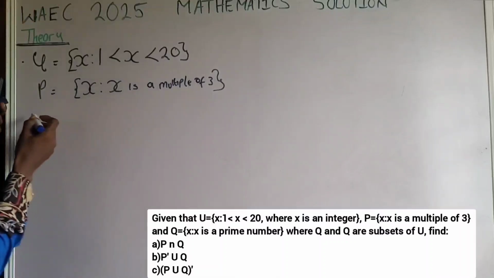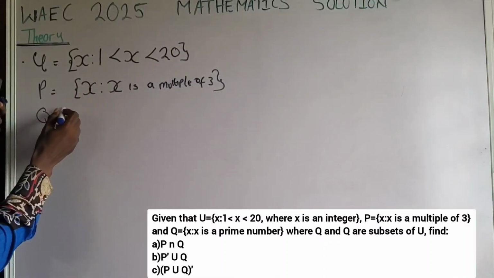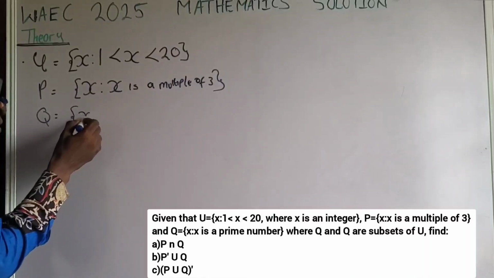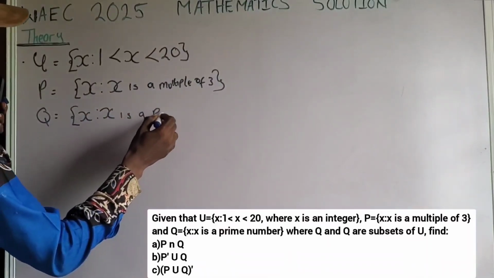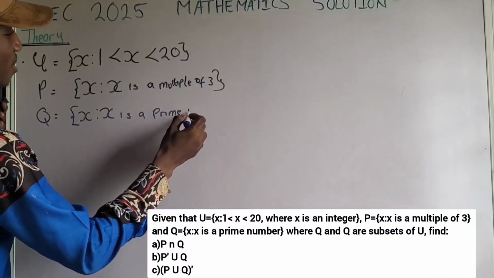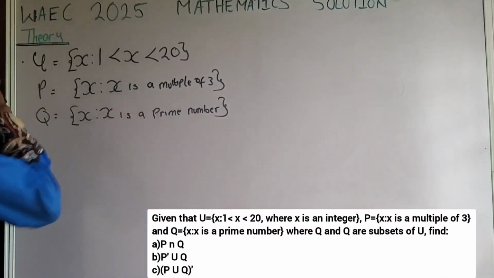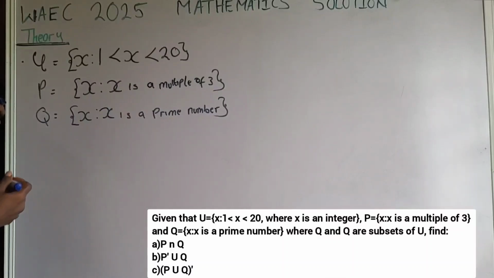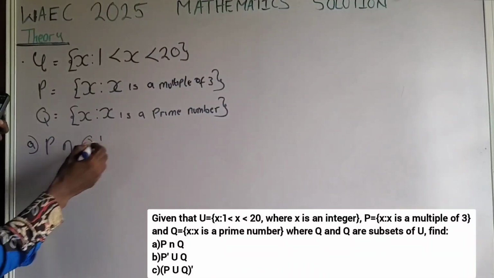Then we are given another set Q. For set Q we have x such that x is a prime number, where P and Q are subsets of the universal set U. We are asked to find P intersection Q prime.